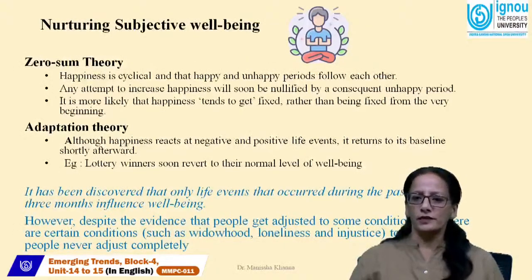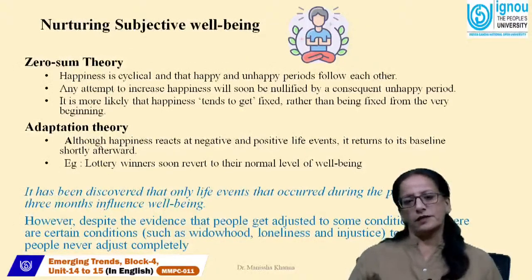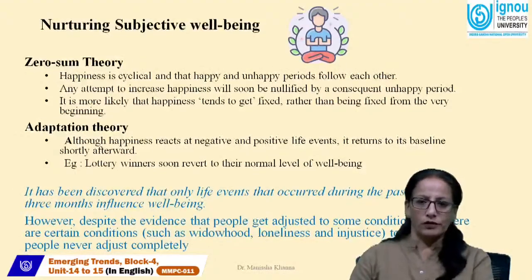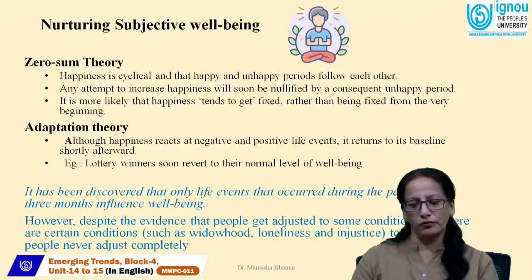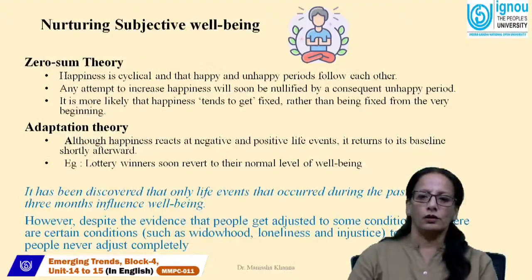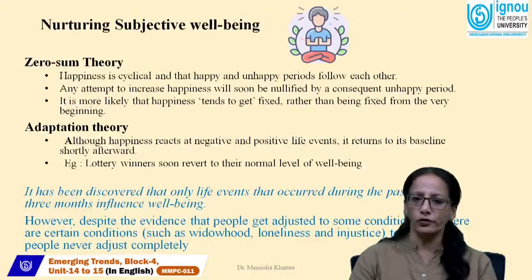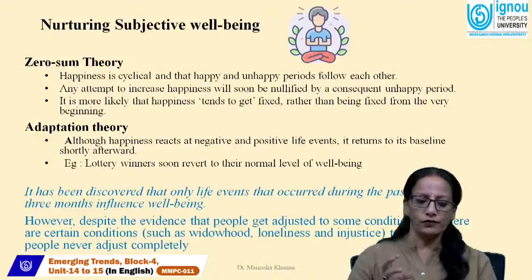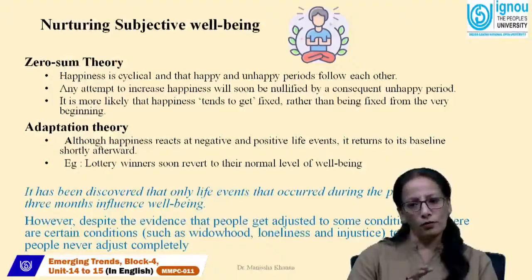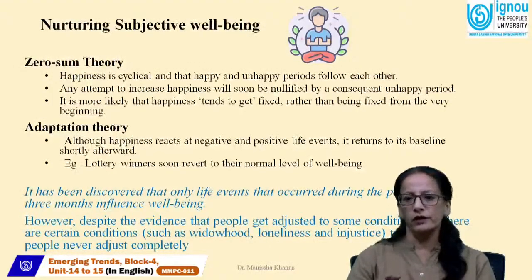If a person gets a lottery, overwhelming emotions come in, and the person can be very happy at that particular moment, but according to adaptation theory, after a certain period of time they revert to their normal level of well-being where they were.